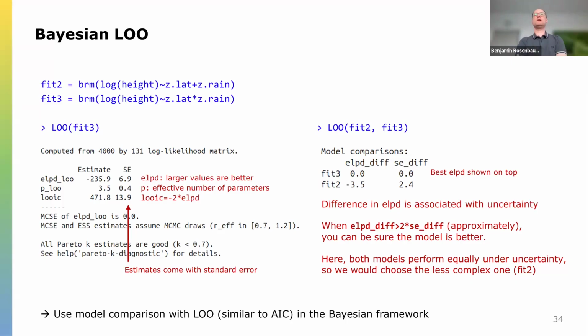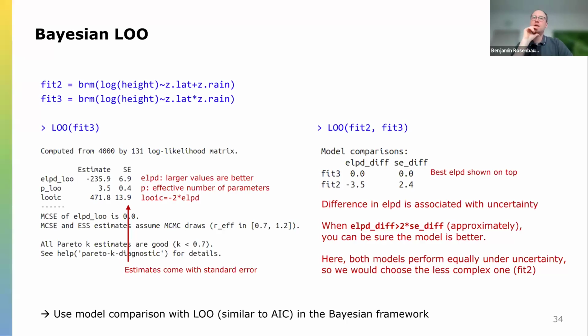Because if you compare two models, you want to choose the model with a lower LOOIC, and the model comparison also already gives you the difference here. So model 3 has the better value, right? There's a difference of 3.5 to the simpler model. However, this comes associated with some uncertainty, so this difference also has some kind of distribution.